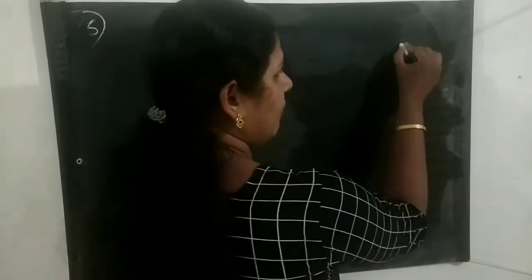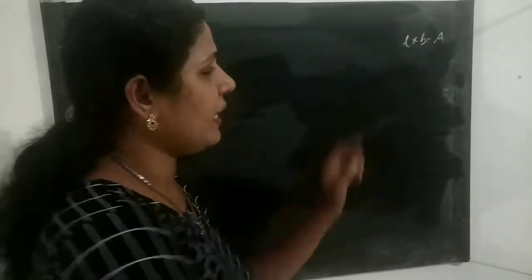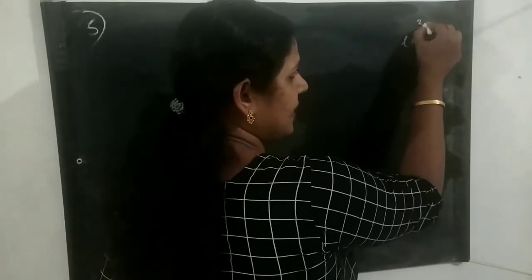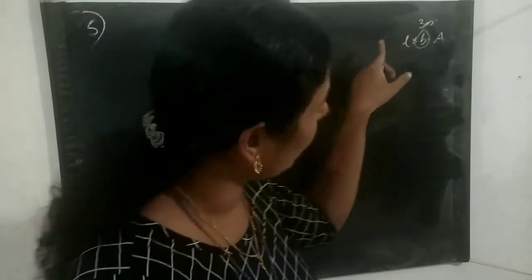Okay, see in our textbook, there is a tarpaulin. The tarpaulin width is given. We know that length into breadth is the area. Here the breadth is given, that is 3 meter width. From this, what length of tarpaulin we have to find?